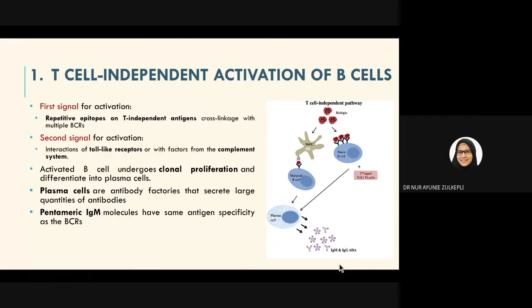There are five classes of antibody, and the first antibody to be secreted, you have to know, is pentameric IgM. We will learn about the different classes of antibody later on.